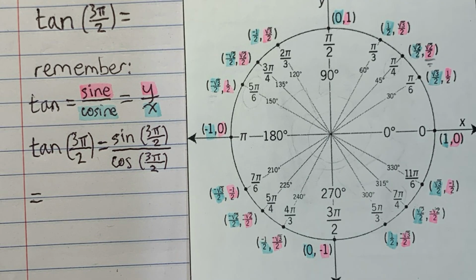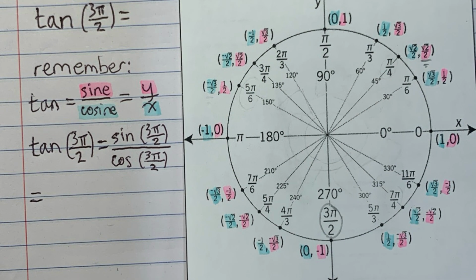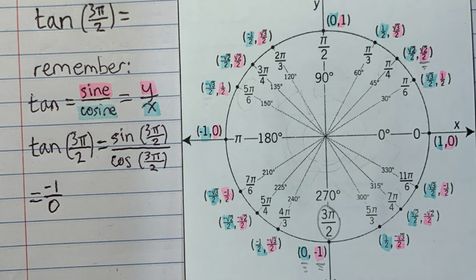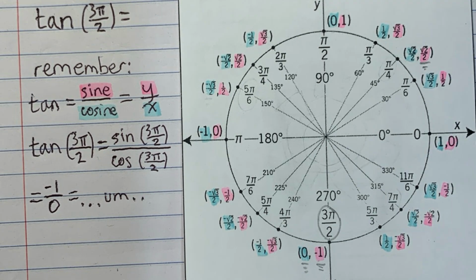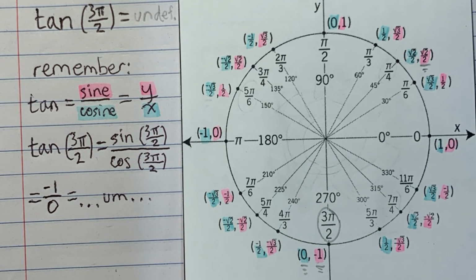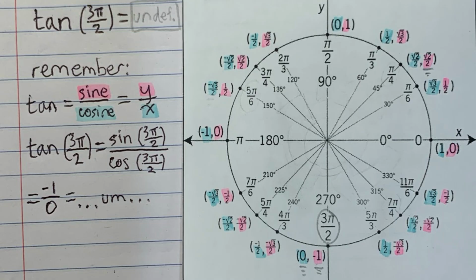So let's find 3 pi over 2 on the unit circle, find sine, which is negative 1, and divide it by cosine, which is 0. But what does that evaluate to? Well, remember we can't divide by 0, so this entire thing actually turns out to be undefined. And that is our answer.